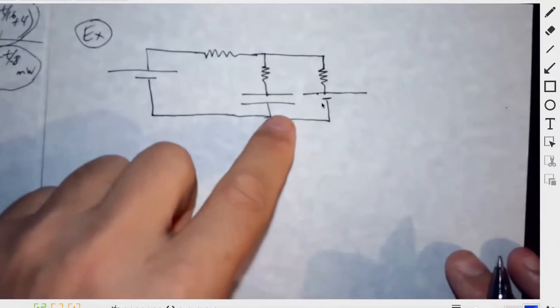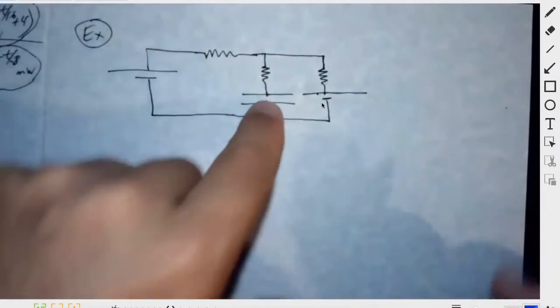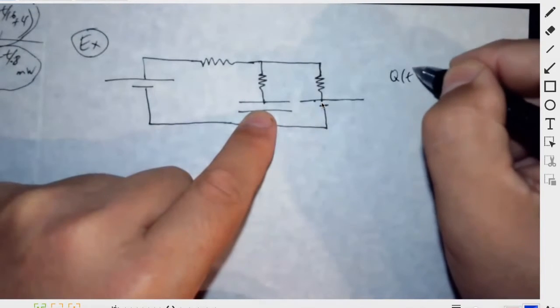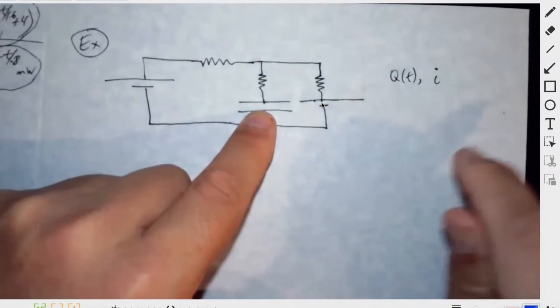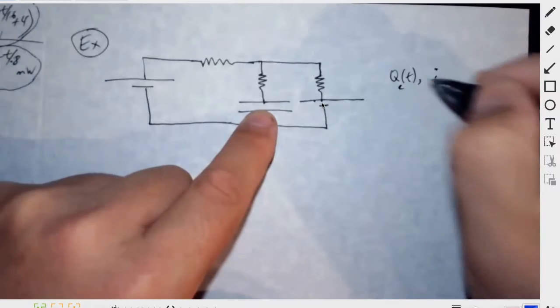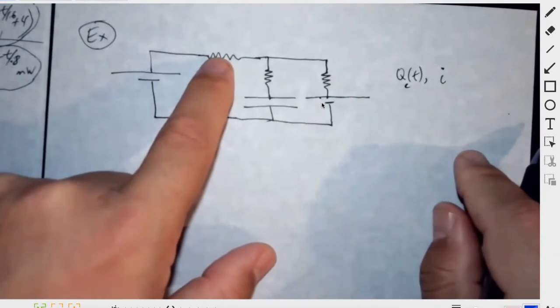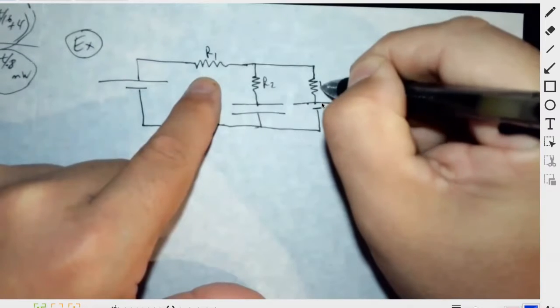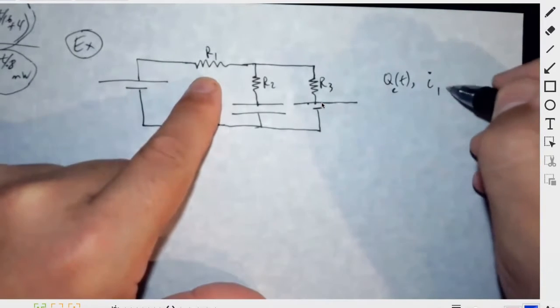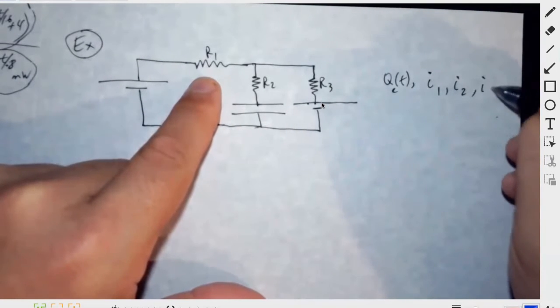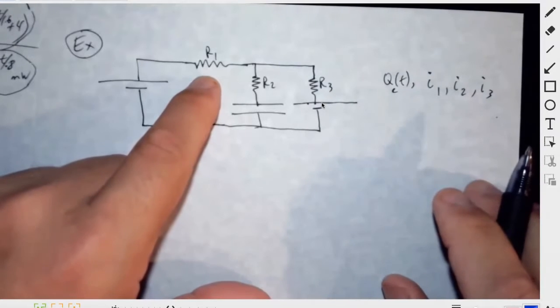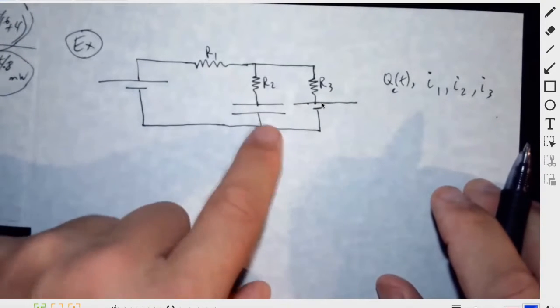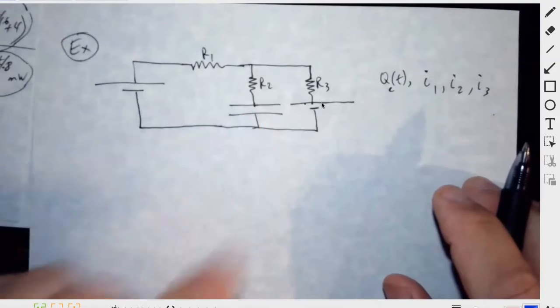So how can we find out the charge of the capacitor as a function of time, and then the current as a function of time for each of these three resistors? So if we call this resistor 1, resistor 2, resistor 3, I1, I2, and I3 as a function of time, you see, and then the charge of this capacitor as a function of time.